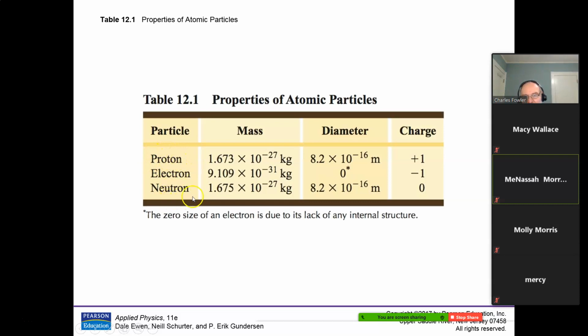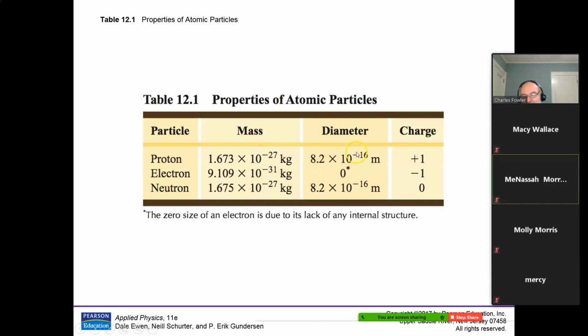Protons and neutrons, almost the same mass. Neutrons are slightly bigger. Electrons, look at that exponent. 4 fewer than these exponents. So that's between 1,000 and 10,000th the size, the mass of either a proton or a neutron.